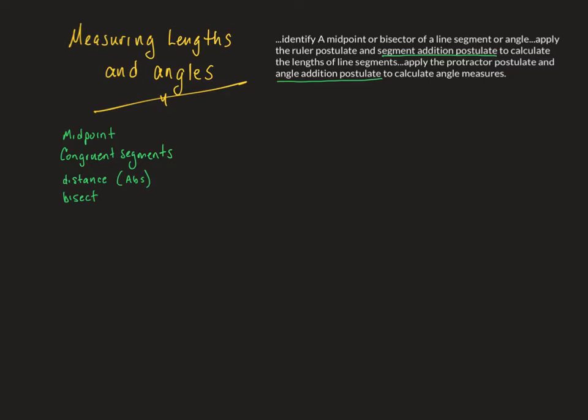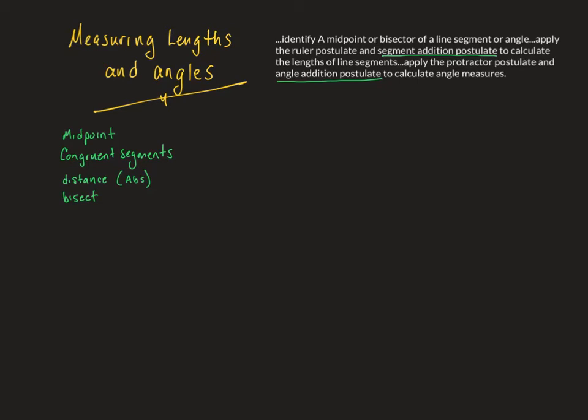And then for the angle addition postulate, for angles, you use a protractor in order to measure angles in degrees. So that's where we come up with the protractor or angle addition postulate using that protractor.